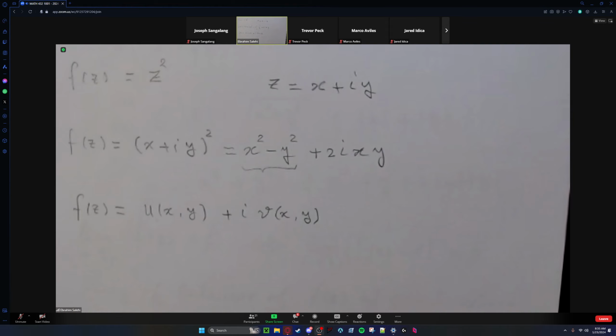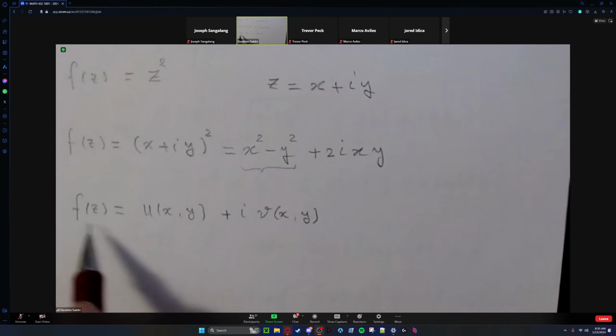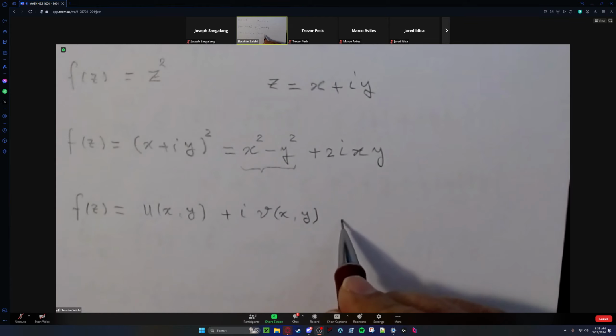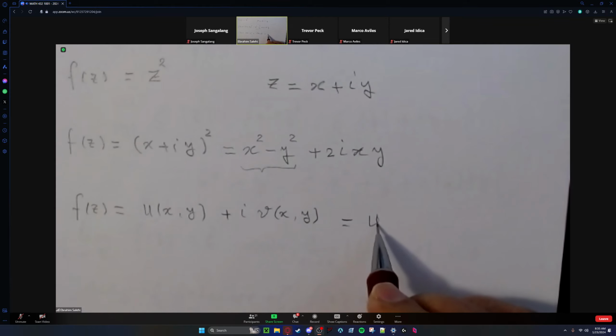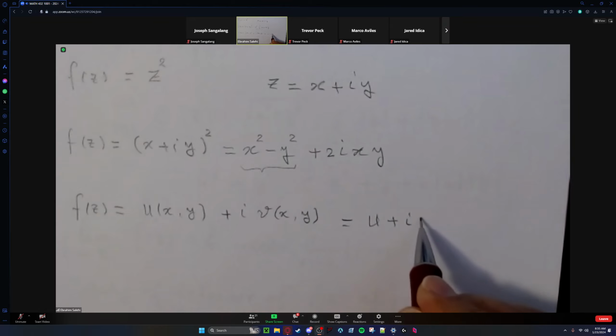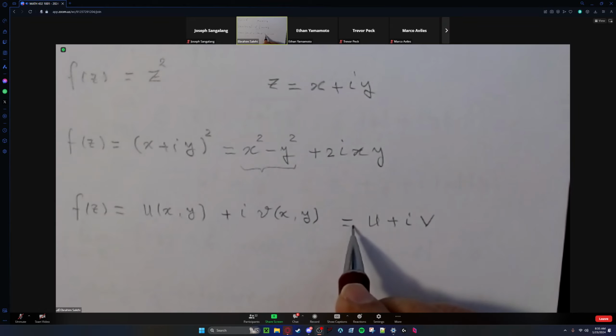Now, we go back to calculus 3. In calculus 3, you saw these type of functions, right? The domain of these functions are part of the plane, and we expected that. So, summarizing this, I will call this one u plus iv, okay?